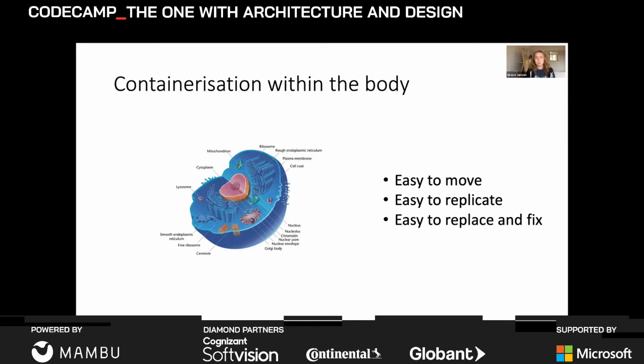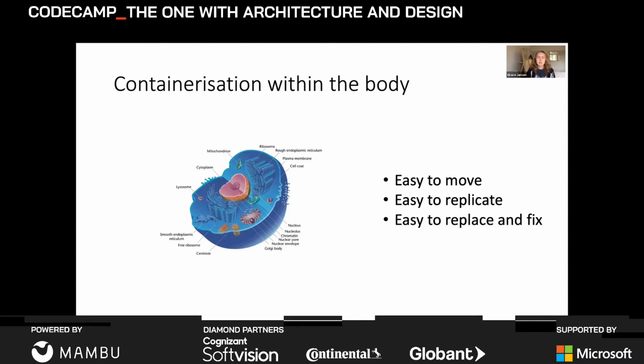And that's really important because it allows us to create specialized cells, for example. Cells that are specifically for the heart that help pump, cells that are specifically for our skin that help protect us. So it enables us to specialize them and ensure they're in the right place within our body. It also enables key factors like the ability to easily move them. Maybe they're not in the right place, maybe they need to move somewhere else. We can easily move them because they're in that container, in that cell wall.